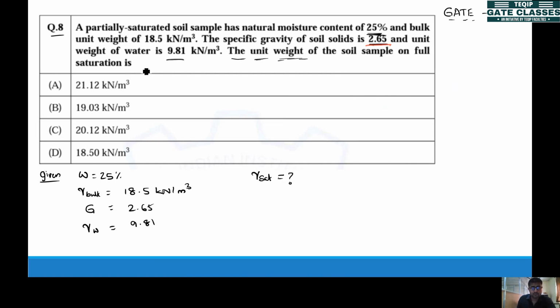You have to look for the units in which it is asked and what is actually asked. Okay, we'll read the question again. The unit weight of soil sample on full saturation, that means gamma sat is asked. Okay, clear?